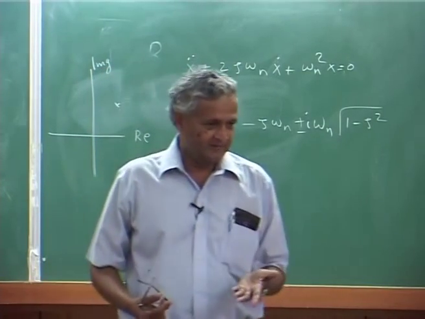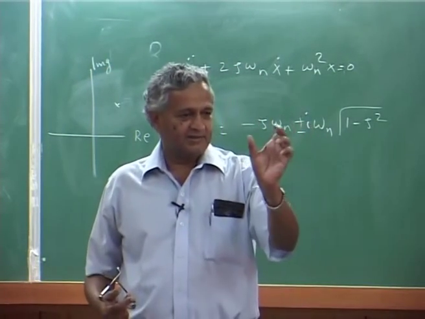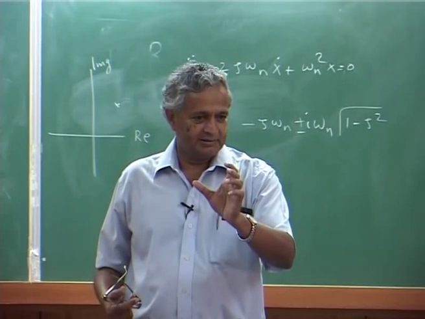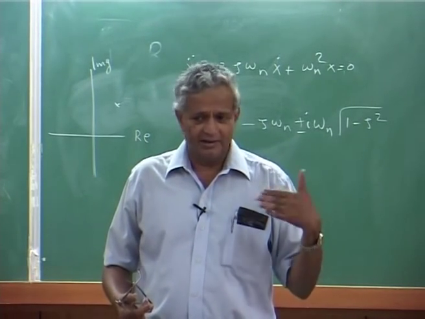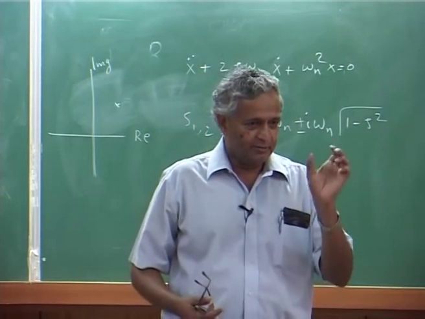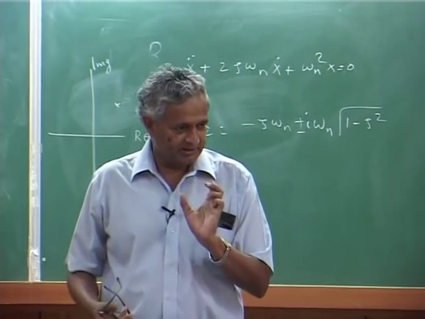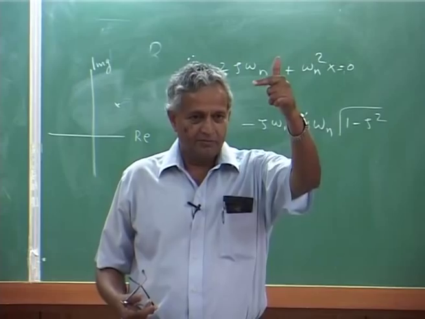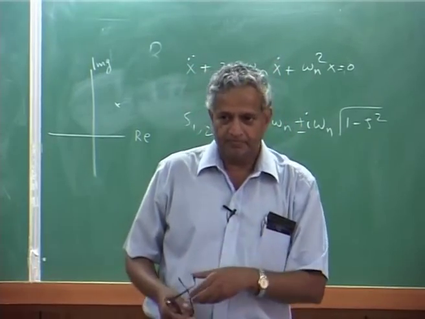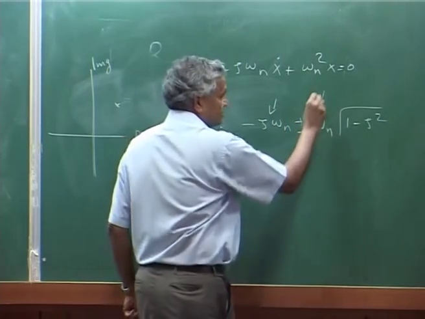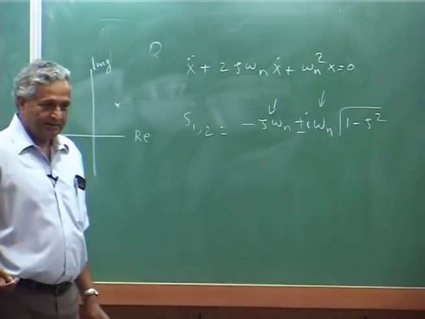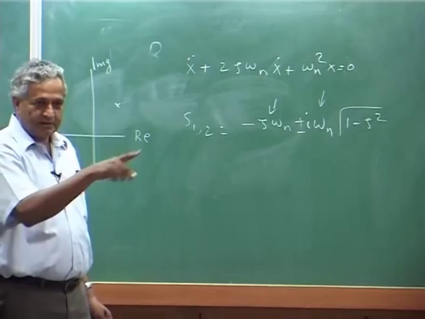I gave 4 sets. For a given set of omega RF and gamma, with varying mu, you will get this and this. So, you will plot those points.